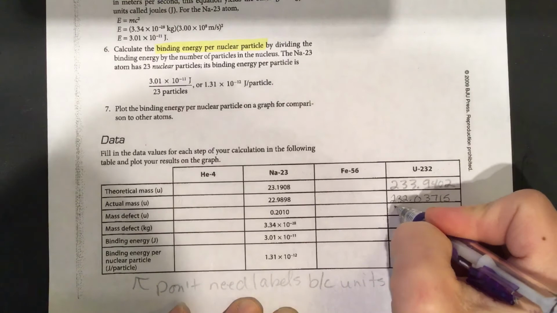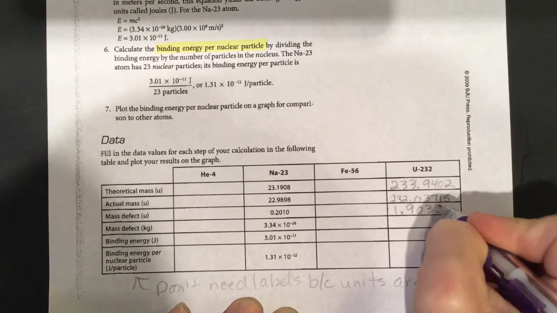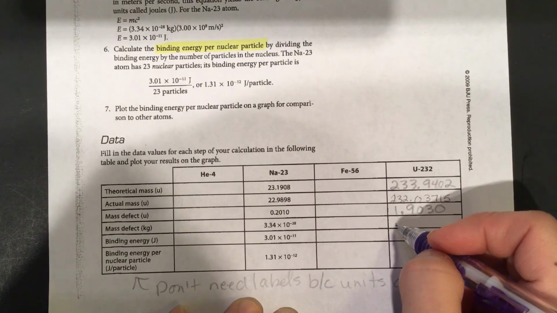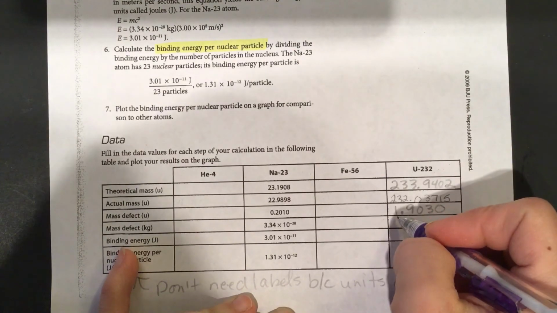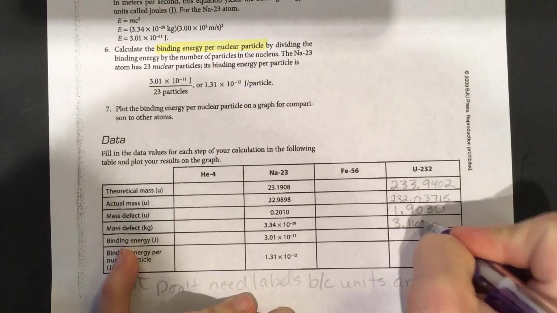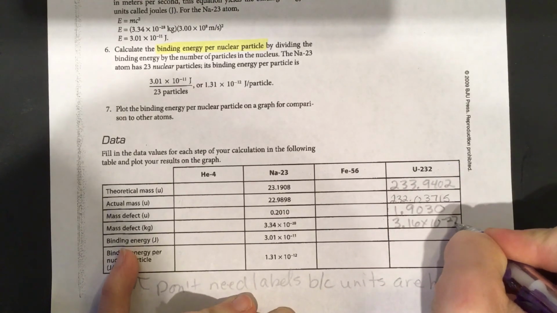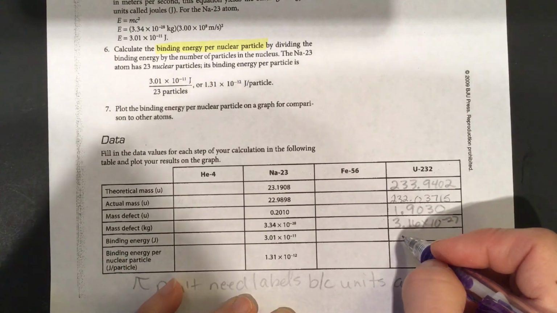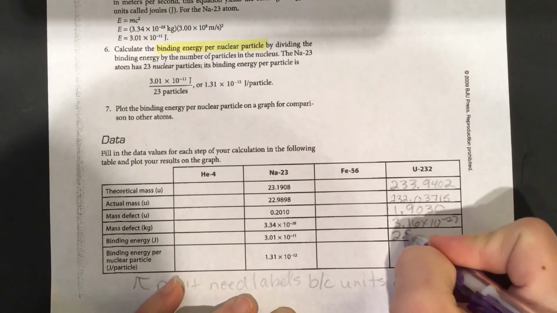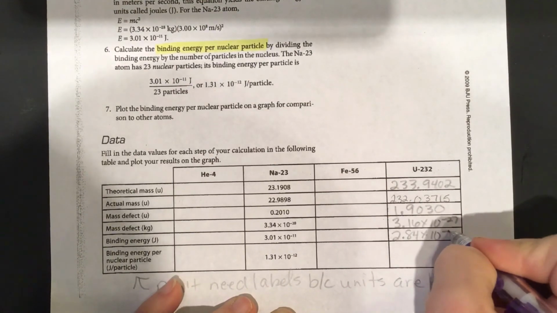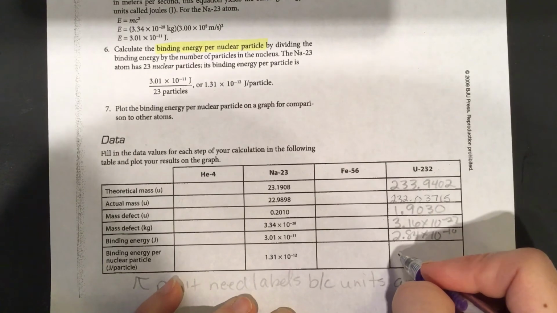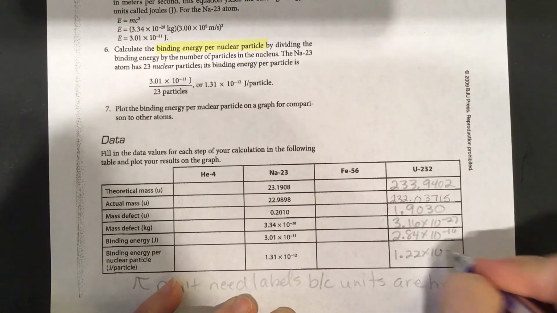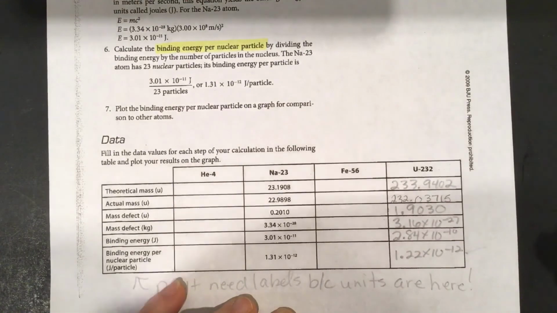My mass defect, 1.9030. For my mass defect in kilograms, which is 3.16 times 10 to the negative 27. My binding energy, which is 2.84 times 10 to the negative 10. And then my binding energy per particle, which is 1.22 times 10 to the negative 12.